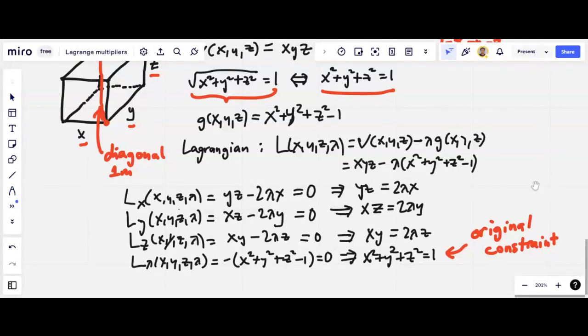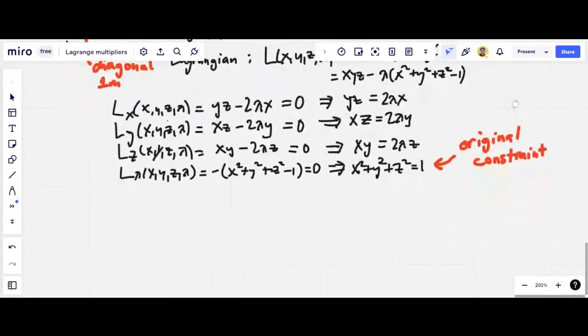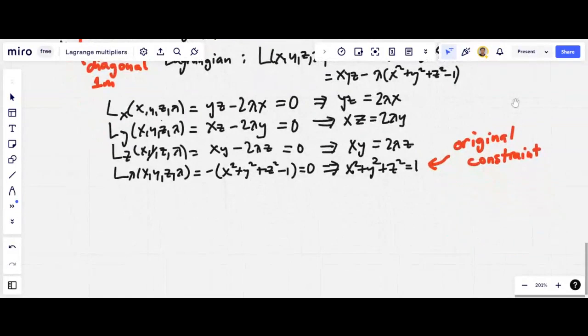And so we go ahead and solve for the dimensions x, y, z satisfying these 4 equations. From the first equation, I will multiply both sides by x so that we will get xyz is equal to 2 lambda x squared.